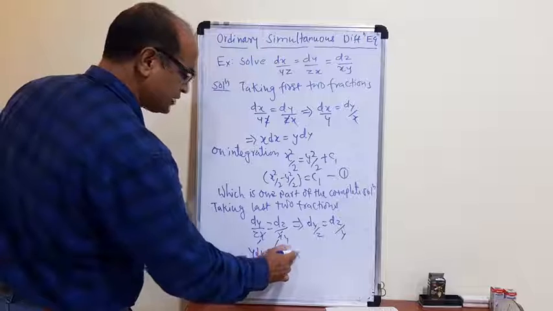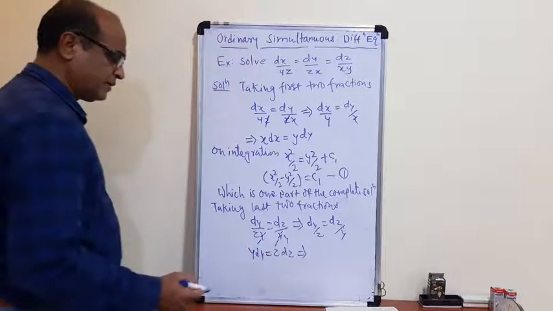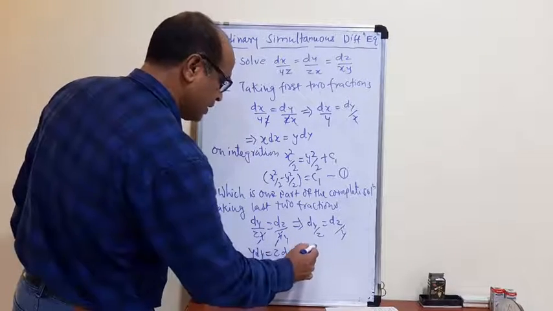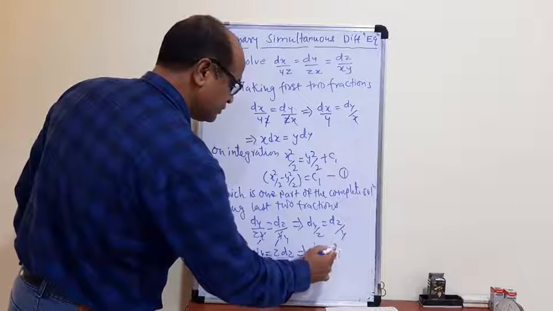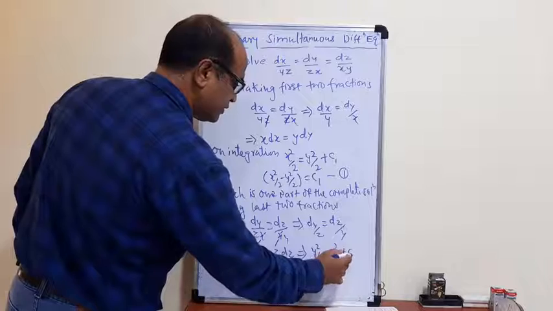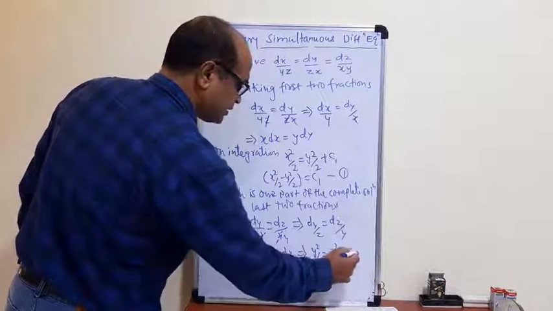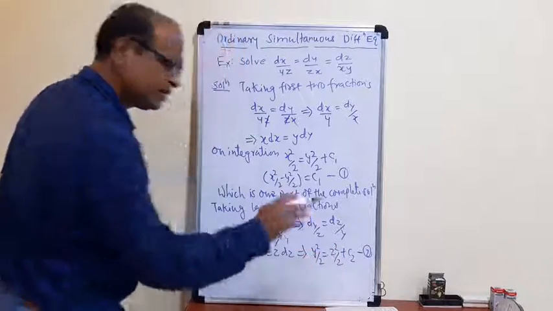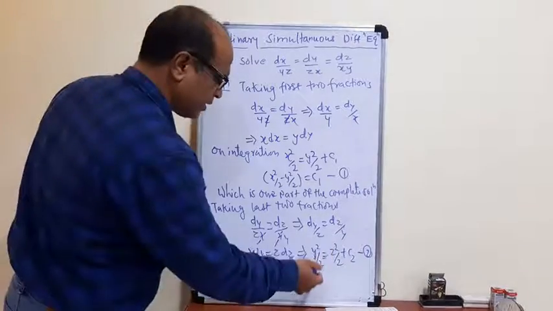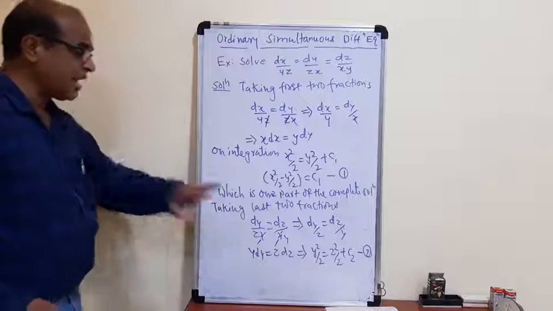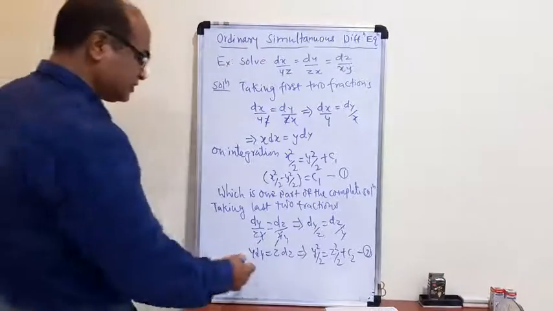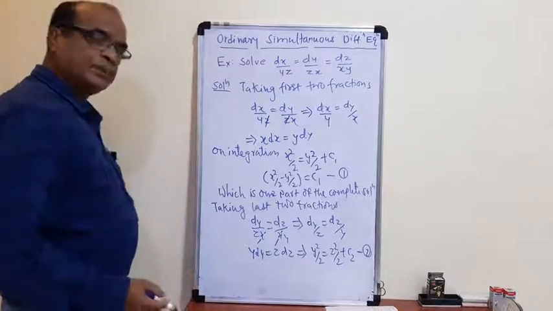So on integration, this is y square by 2 is equal to z square by 2 plus c2. Okay, therefore this is equation number 2 here. So we can write y square by 2 minus z square by 2 is equal to c2. So this is another part of this complete solution.